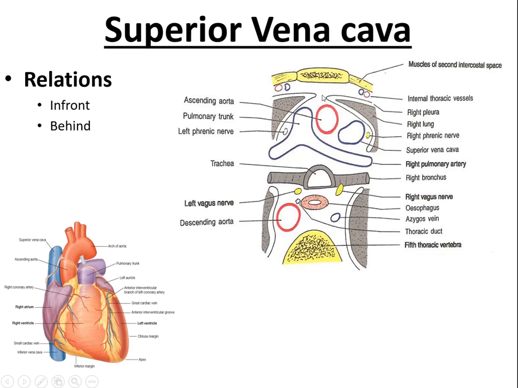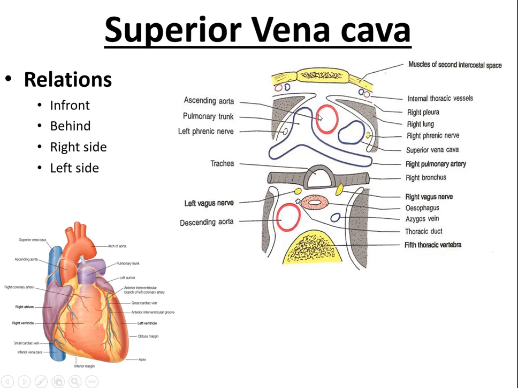Behind, it is related to the trachea, the right vagus nerve and the root of the right lung. On the right side, it is related to the phrenic nerve with pericardiacophrenic vessels, and furthermore to the right lung and pleura.